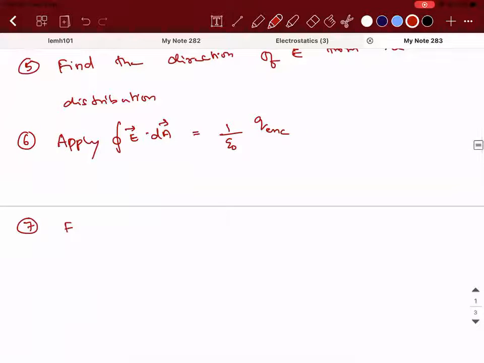Seventh is solve for E. So that will give you the answer.